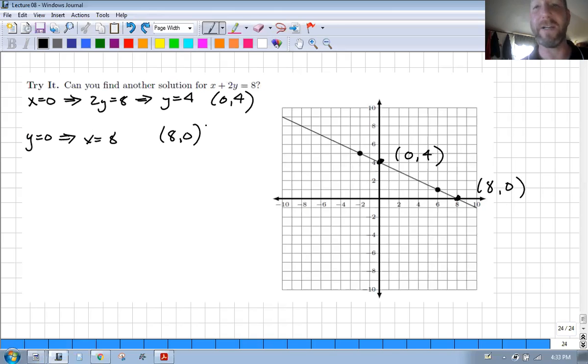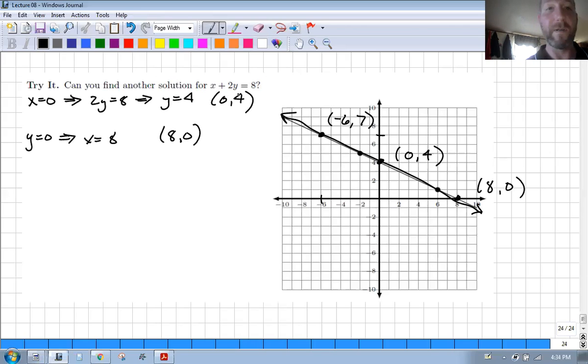Those happen to be the intercepts. But here's a point, let's see, -6, 7. That's a solution too. If I plug in -6 for x and a 7 for y, it will satisfy this equation. So there are an infinite number of solutions to these linear equations. And this line over here is a visual representation.